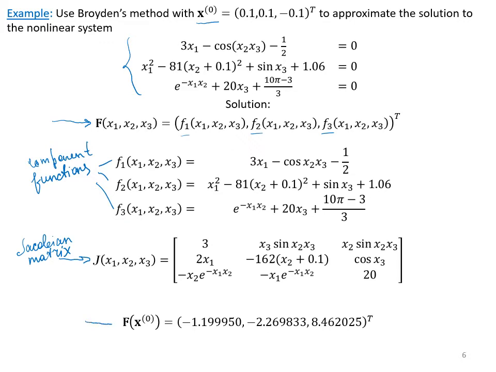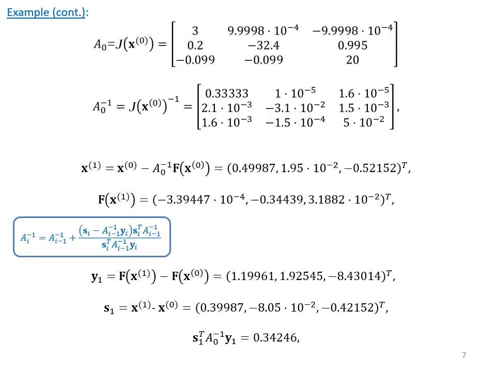And we already found the value of our vector valued function f at x0, and x0 is 0.1, 0.1, and minus 0.1. Now, according to Broyden's method, we should define matrix A in place of the Jacobian.